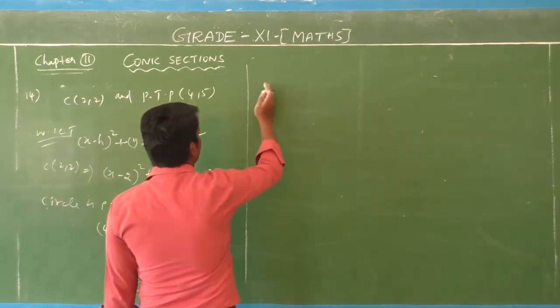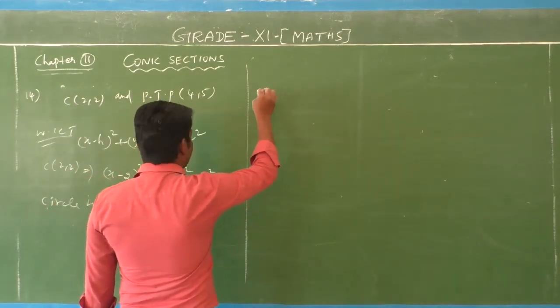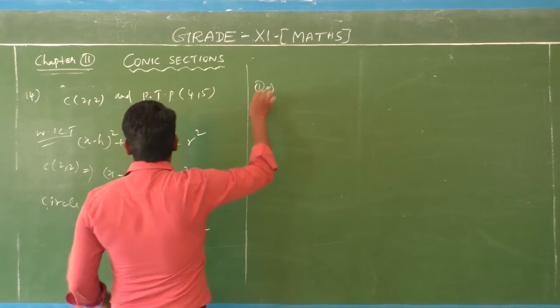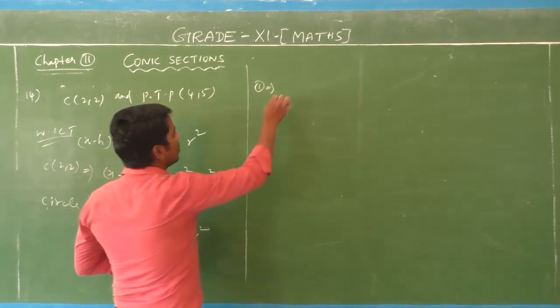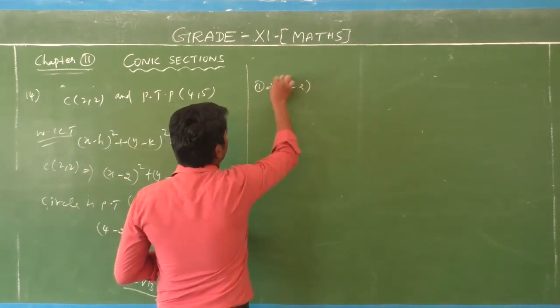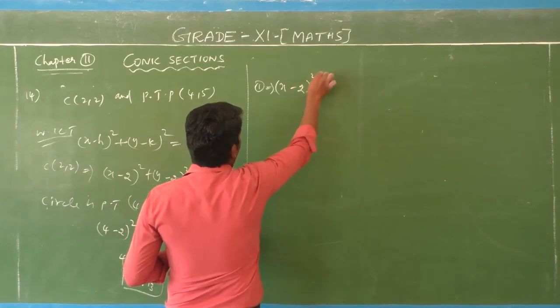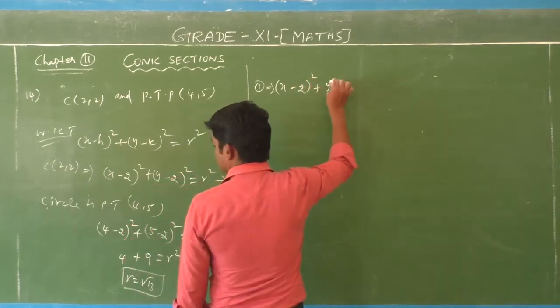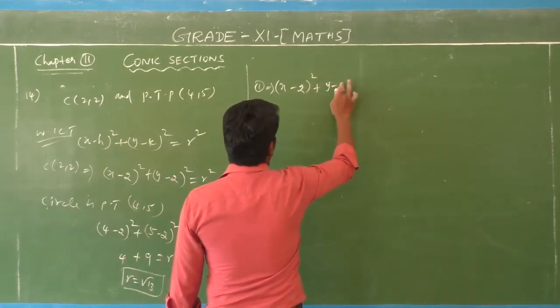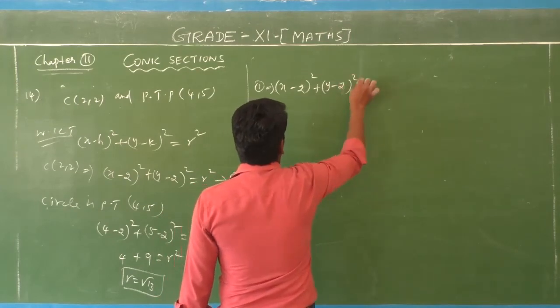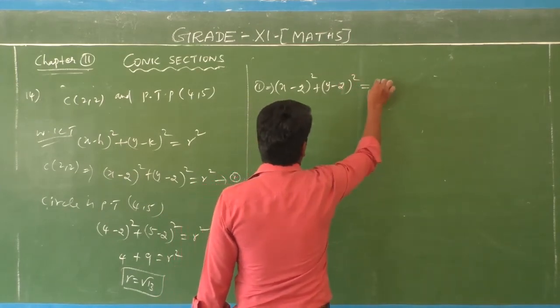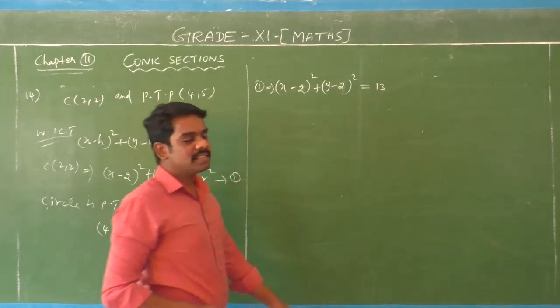And find the equation of the circle. Equation number 1 implies (x minus 2) whole square plus (y minus 2) whole square equal to r square, and the r square value is 13.